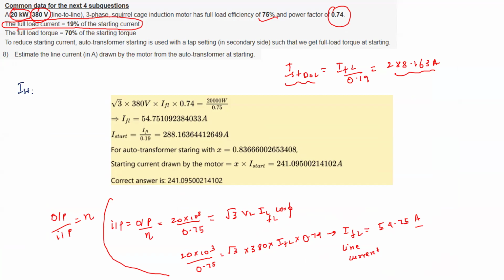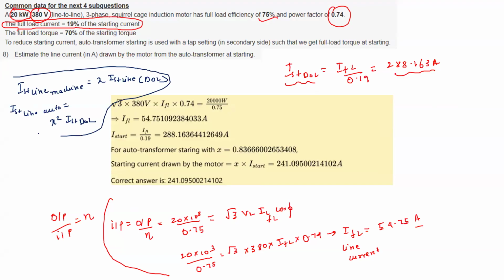So I starting line current of the machine is x times I starting line current DOL, and I starting line current of the auto transformer is x square times I starting DOL. Okay, this is important. Now you see what they are saying.